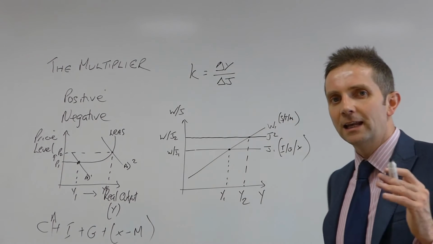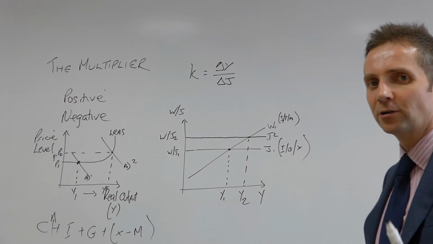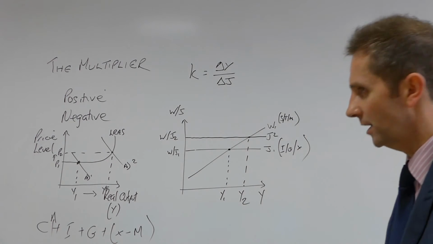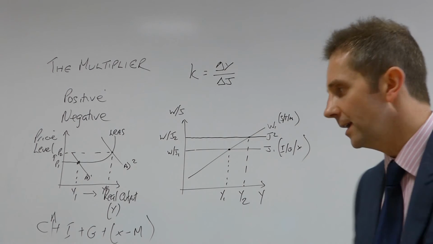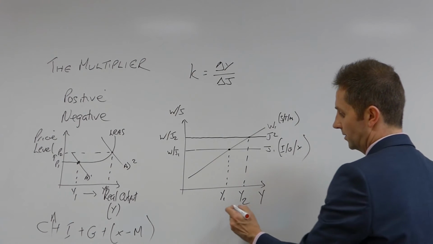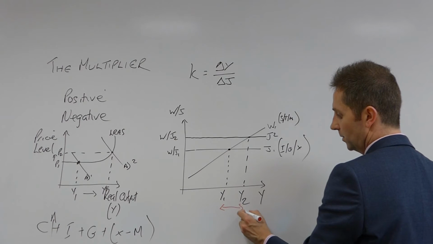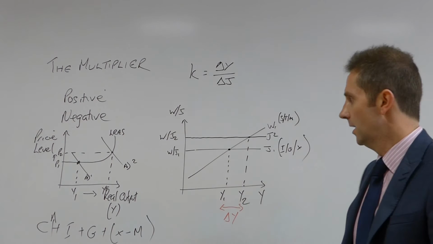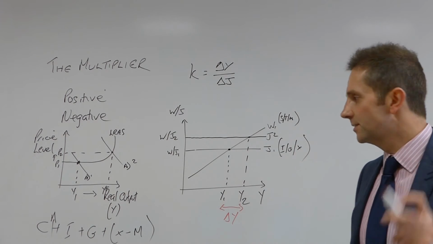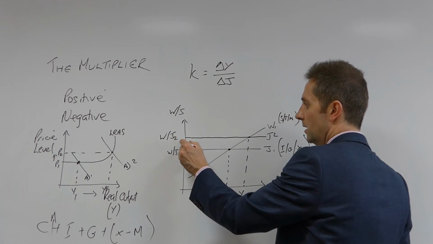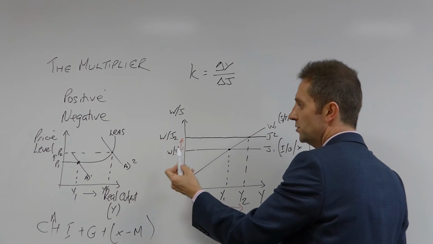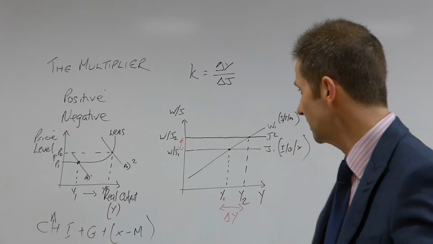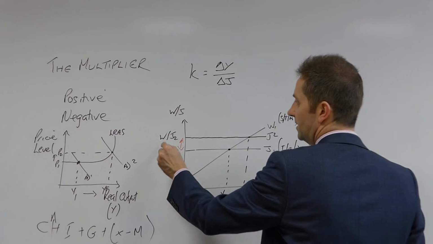Now the way then to illustrate the multiplier process on a diagram like this, and this is why I feel these withdrawals injections diagrams are so useful, you can then say, okay, what is delta Y? Delta Y is the difference between Y1 and Y2. It's that distance, isn't it? And what is delta J? Well, delta J is the distance between WJ1 and WJ2. It's in effect how much the J curve, the injections function, has shifted up. So that's delta J.